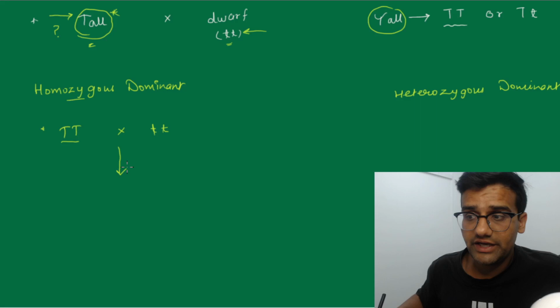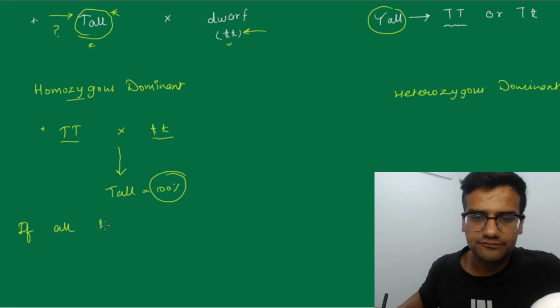If all the plants are dominant, then it is said to be homozygous dominant. But if all the plants are not dominant, then it is said to be heterozygous dominant. Let us say the genotype is capital T small t of this particular plant.